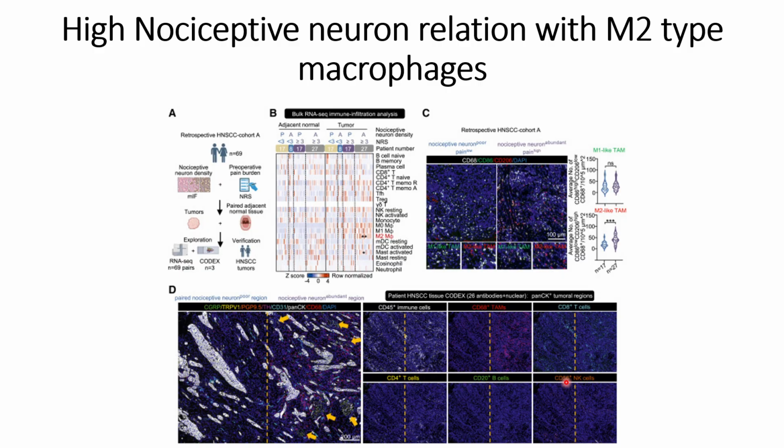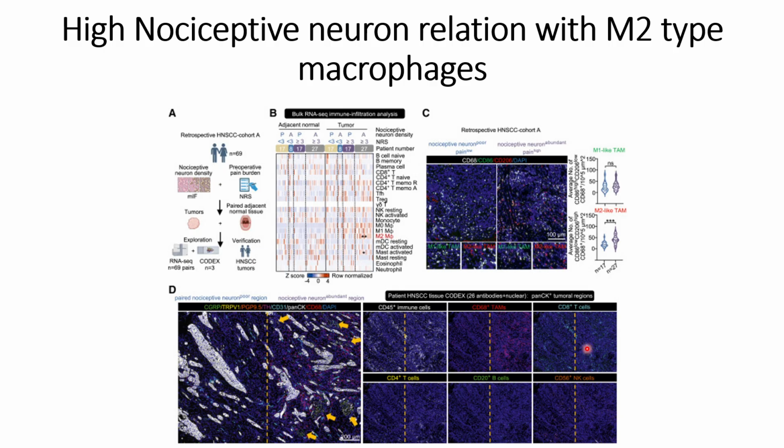And what they are able to find out is that in the case of nociceptive neuron abundant, the formation of tumor associated macrophages is high, which causes the tumor suppressive environment, and because of that the activated T cells seem to have gone down.